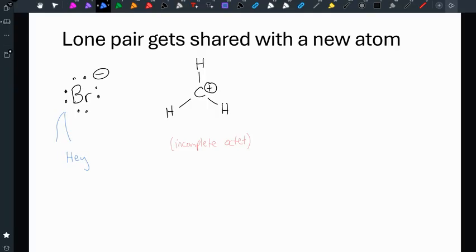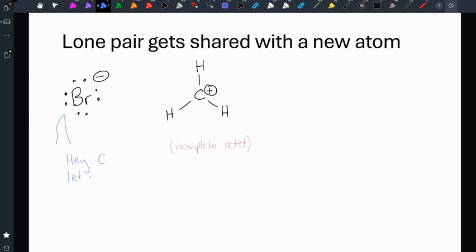So I like to personify atoms. So I imagine the bromide saying, hey, carbon, why don't I share this lone pair with you? Now, we're not going to draw voice bubbles in our reactions, but we can still think them.